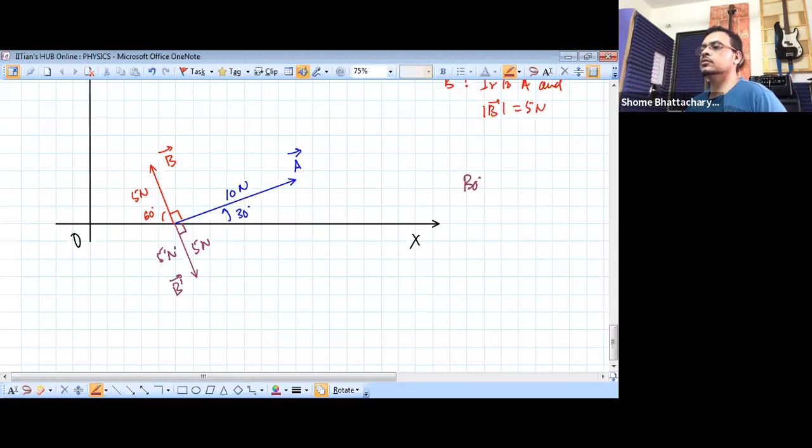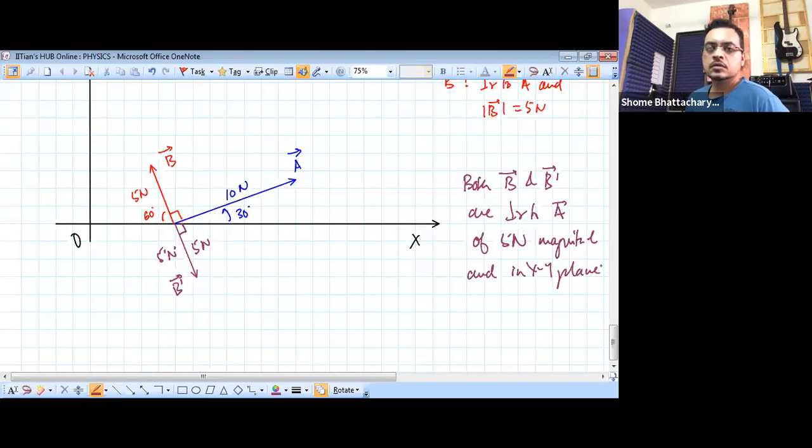So both B and B prime are perpendicular to A, of 5 Newton magnitude and in the xy plane. This angle is 60, isn't it? This angle is 60. It is the same as this angle 60.